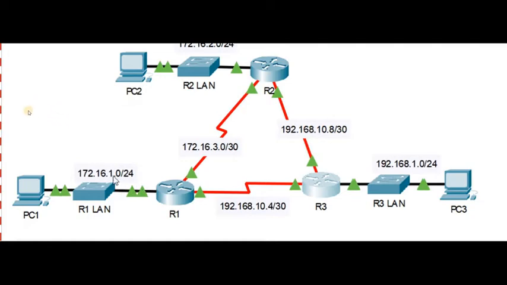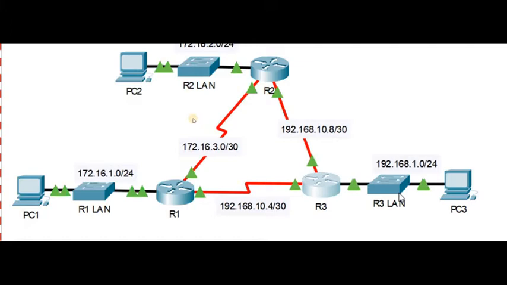There's no device on this LAN that can form an EIGRP adjacent neighbor with R1. So we're just wasting resources. R1 is just wasting resources continuously sending routing information on this port right here. Same scenario with this LAN connection here on R3.